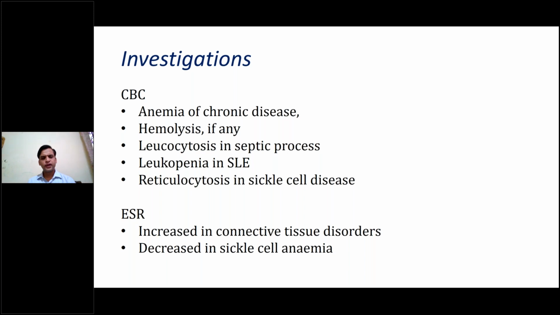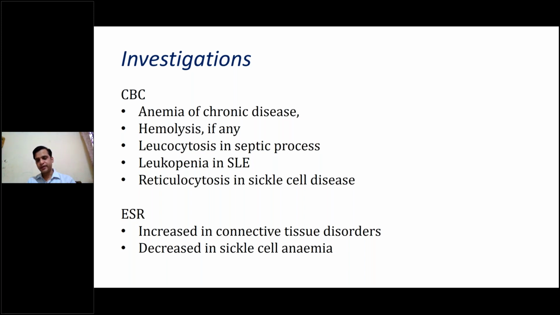So joint pain will require investigations. Routine investigations like complete blood count and ESR. The CBC may show anemia of chronic disease, hemolysis if any, for example in sickle cell disease or hemolytic anemia, serum sickness also, increased WBC count in case of septic process, or leukopenia, for example in SLE or other rheumatoid disorders, or reticulocytosis in sickle cell disease.